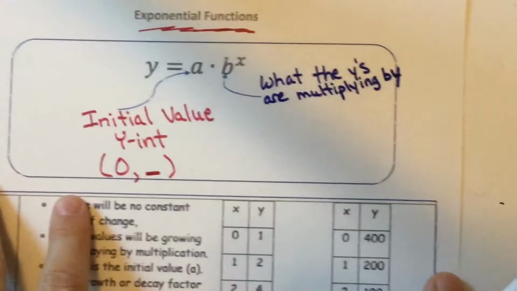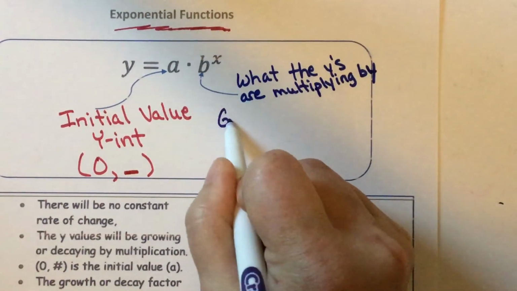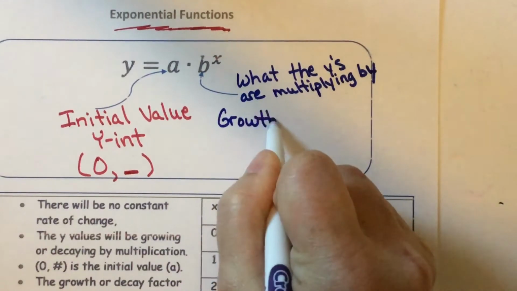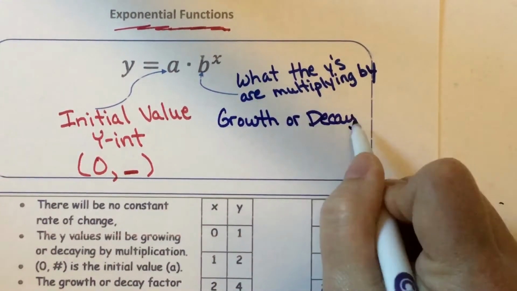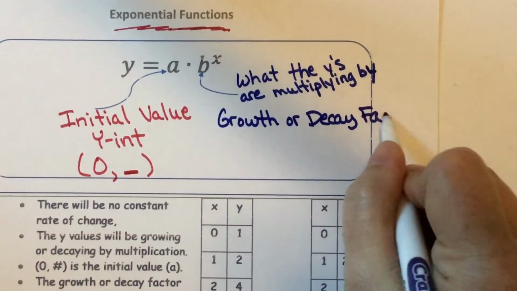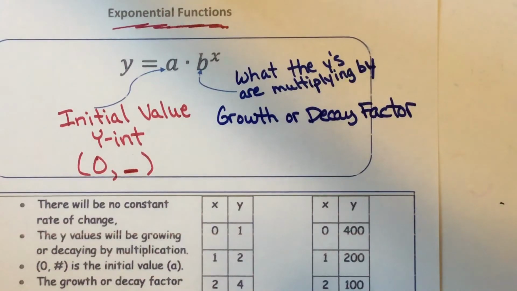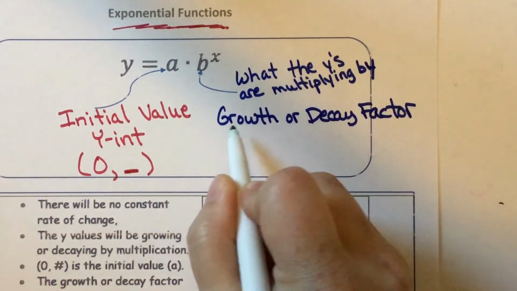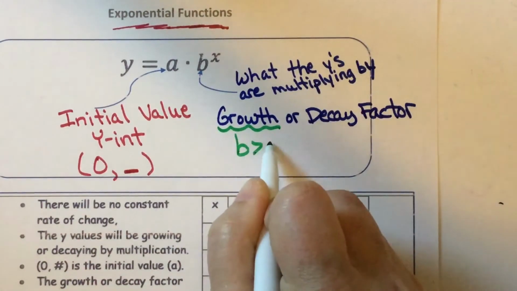All right, now B, more technically known, is the growth or decay factor. So B is our growth or our decay factor. We will know if something is growth if the b value is bigger than 1.